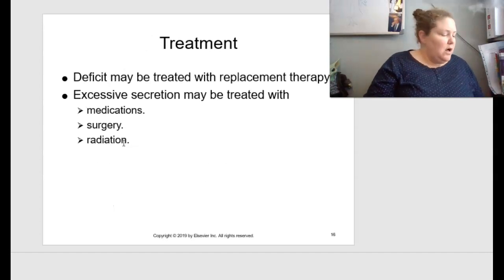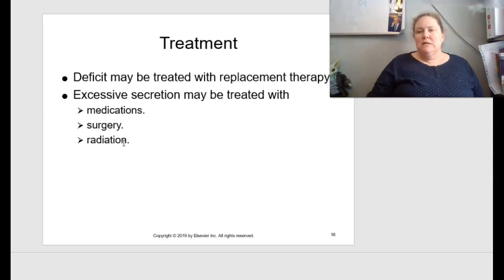So there are also different types of treatment that we can do. Basically, if we have a deficit, we can treat it with a replacement therapy. An instance of that is if you can't make insulin in your body because you're that type of diabetic, well, then you could give a shot of insulin so that you can supplement it, right?